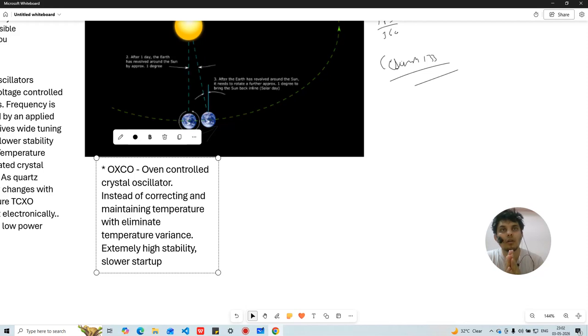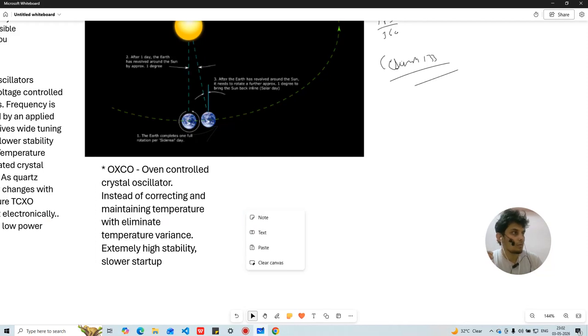Okay, now we have optical clocks versus nuclear clocks. Great, it's going great. Where is the pointer and how long has been this? 1 hour 33 minutes. No worries. Optical clock versus nuclear clock.